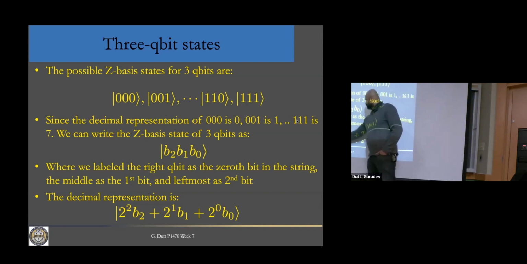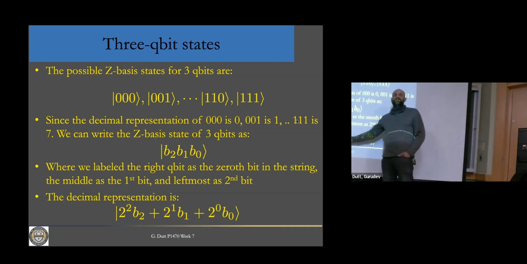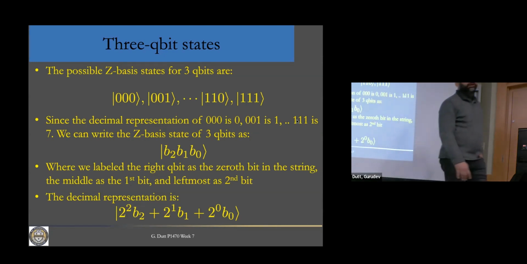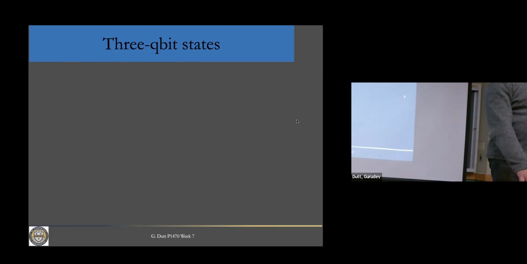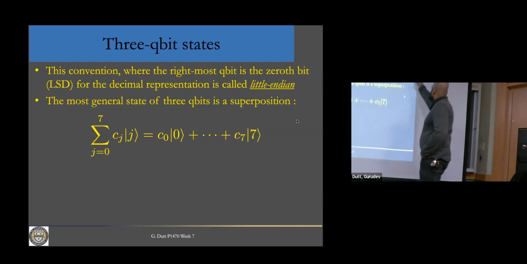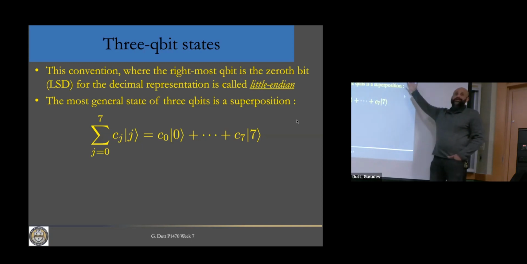So here is the decimal representation of that same state. You simply take those binary strings and convert them to a decimal number using the standard way in which we convert binary to decimal, which is just that. This convention that I just told you about, where the rightmost qubit is the 0th bit, which is the least significant digit for the decimal representation, is called little endian.